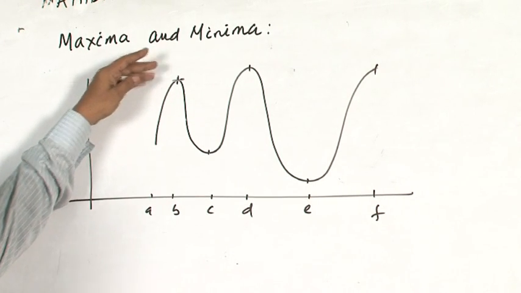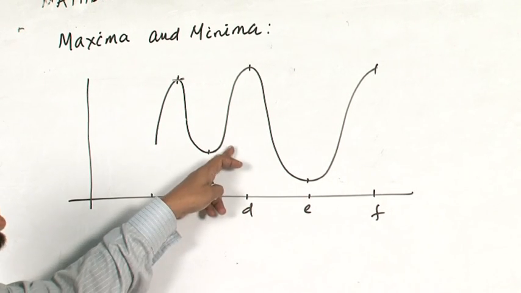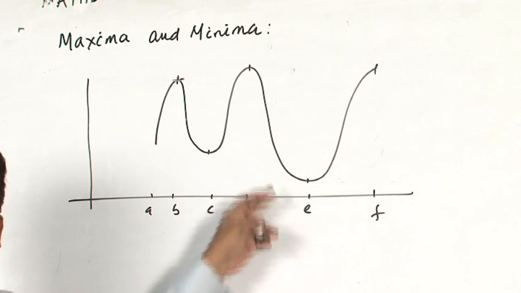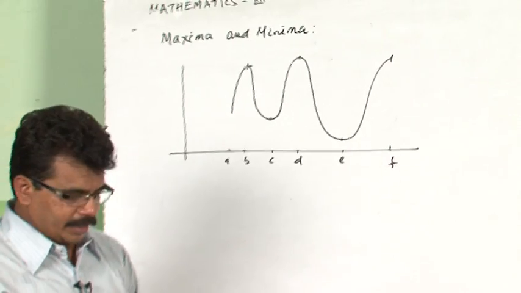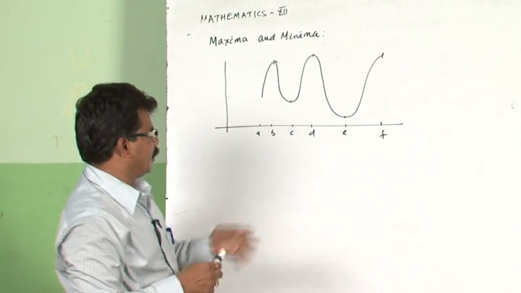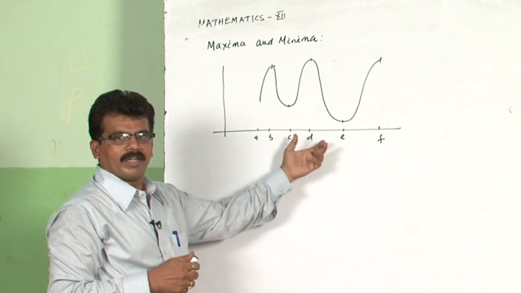From b to c, it is decreasing. Again from c to d, it is increasing. Again d to e, it is decreasing, and so on. So, in the interval a to f it is neither increasing nor decreasing, but if we divide it into some intervals, it is increasing or decreasing.